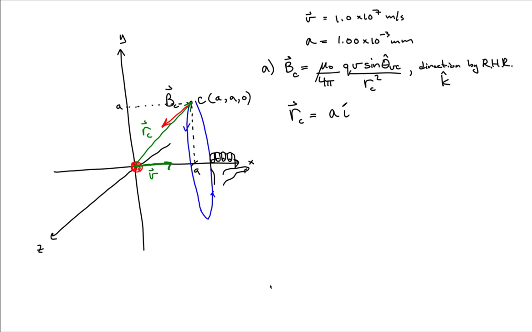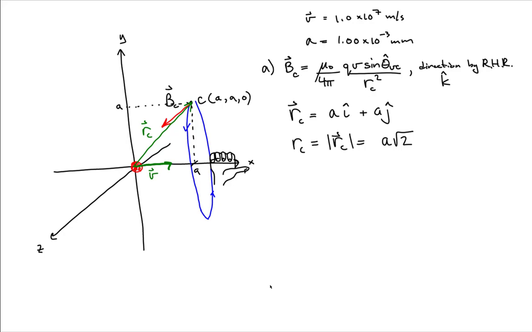So we have a i hat plus a j hat. Well, we need the distance to point C. So the distance to point C is just the magnitude of vector r_c, which ends up being equal to a times the square root of 2.